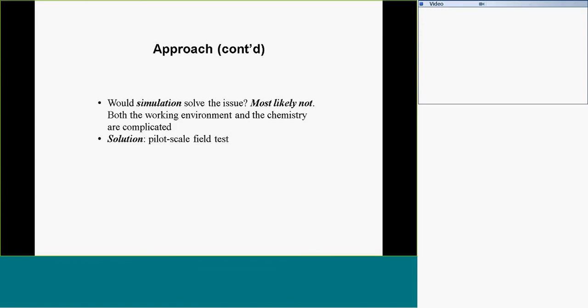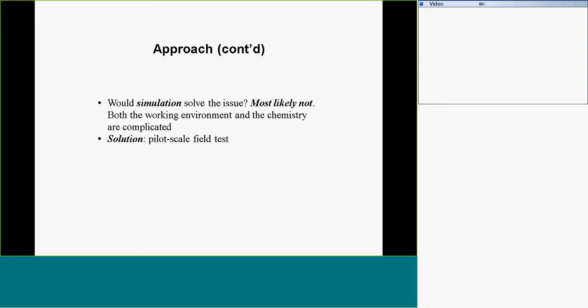Some people would ask, why do you have to do this pilot scale experiment rather than a simulation? You can simulate the effect of a lot of factors: total solids, pH values, volume of manure, the manure increase rate, ammonia concentration, sulfide concentration, a lot of processes. Why do that?